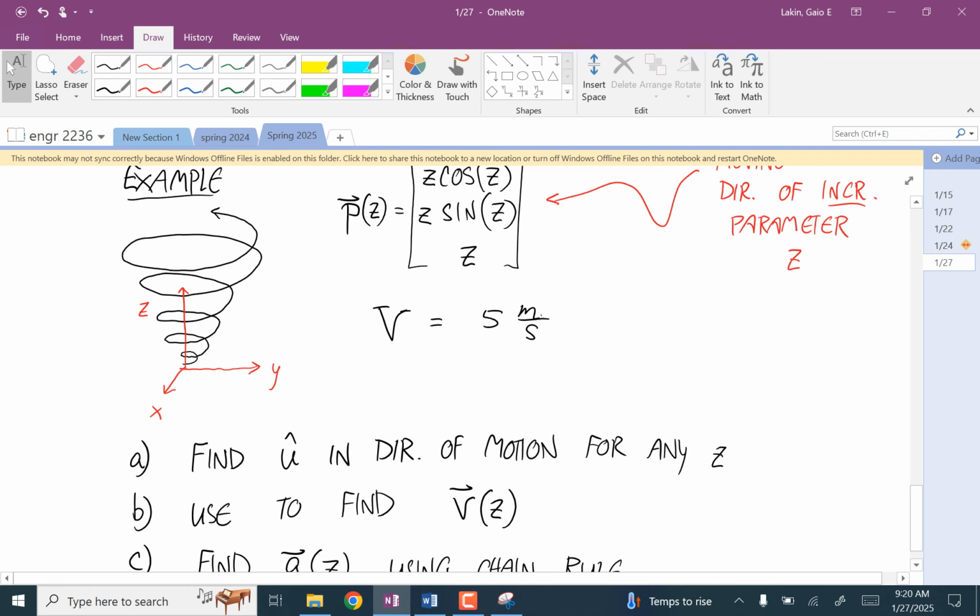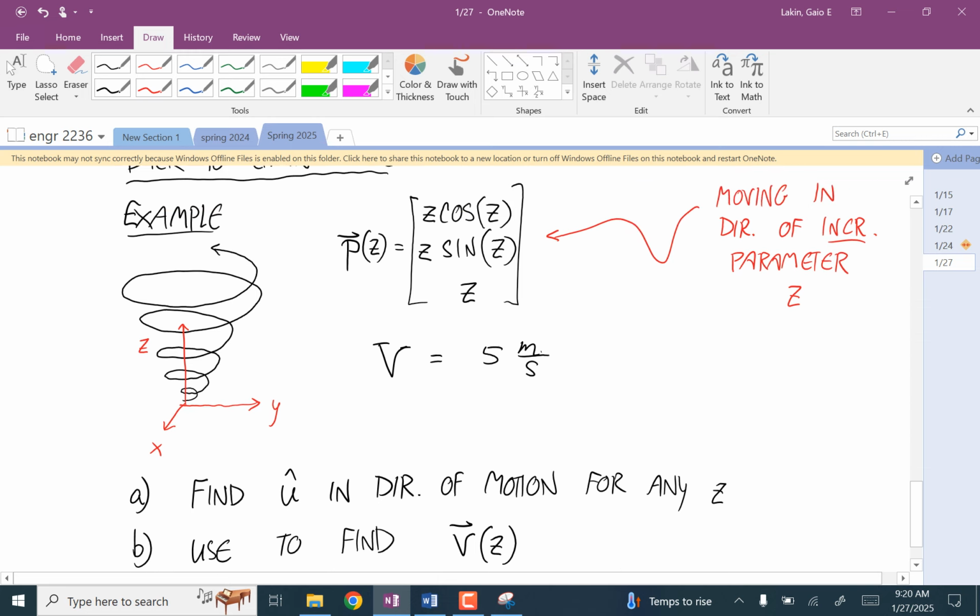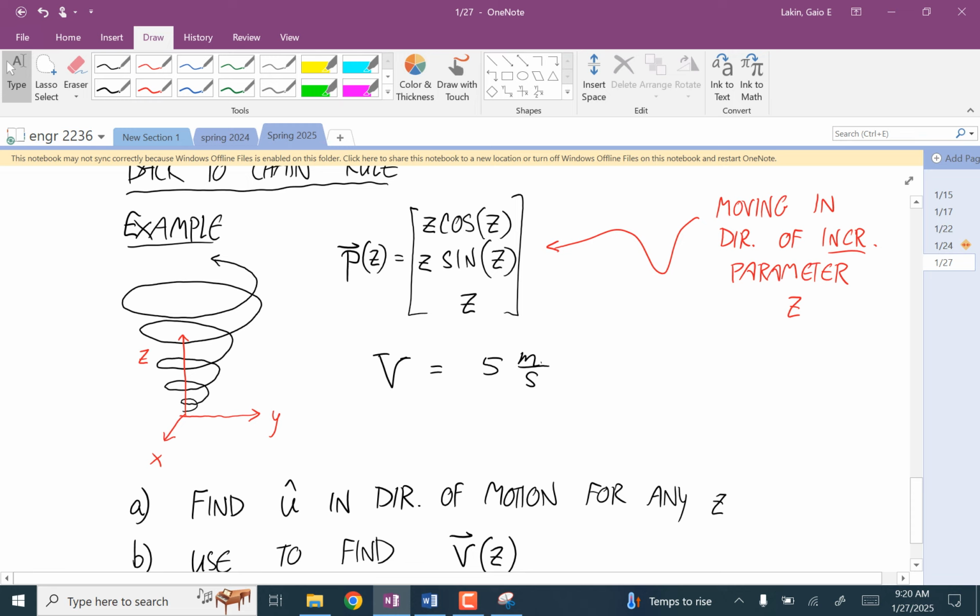Anybody have any questions about what we're trying to do? Okay, so how are we going to find that unit vector in the direction of motion? Well, remember that once you have a parameterization like this of the object's location, if you take derivatives of all the components with respect to the parameter, it gives you a vector, not a unit vector, but just some random length vector that's always tangent to the path in the direction of the parameter increasing. Okay?